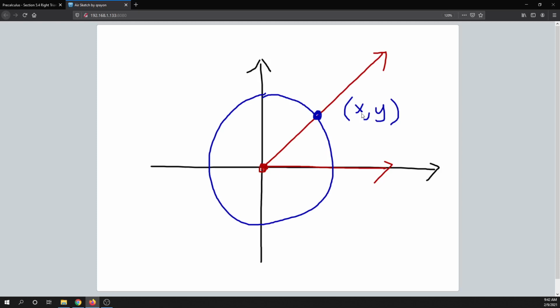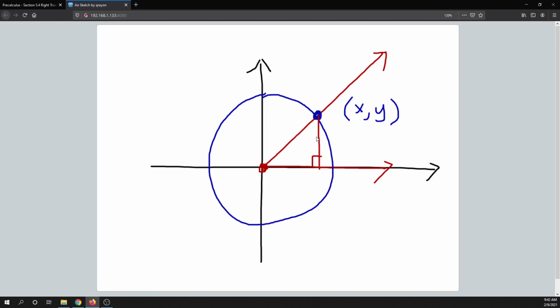And so the way this relates to the triangle is you can imagine that you make a little triangle that looks like this, a right triangle like so, by dropping a perpendicular down onto the x-axis here.